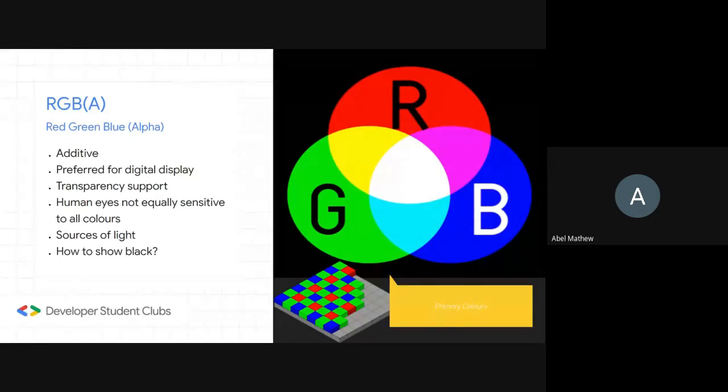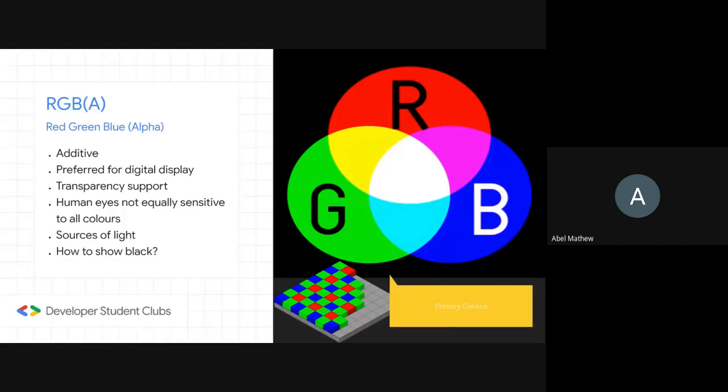And the fourth point, human eyes are not equally sensitive to all colors. We'll cover this when we go to the further sections. It has been studied and confirmed that our human eyes are most sensitive to green. So it's not that we sense red, blue, and green equally.